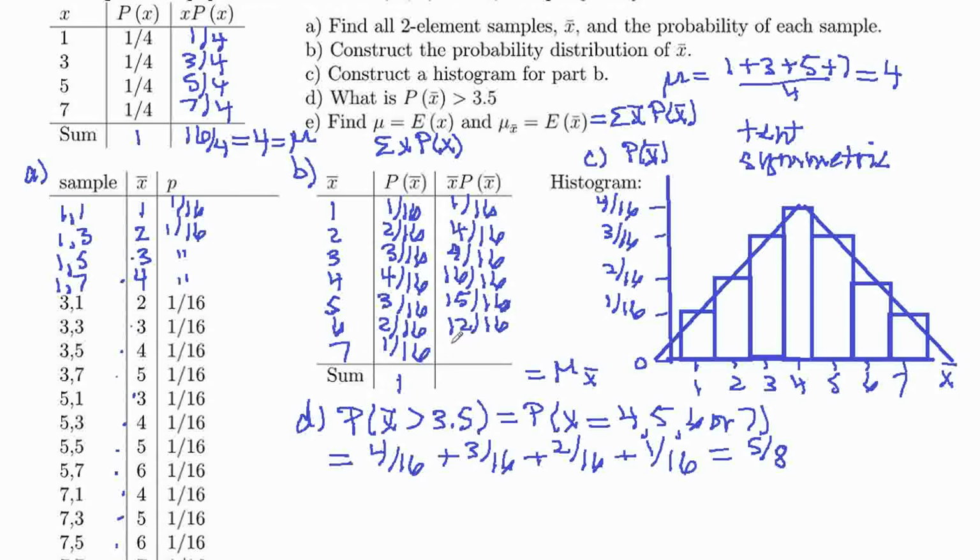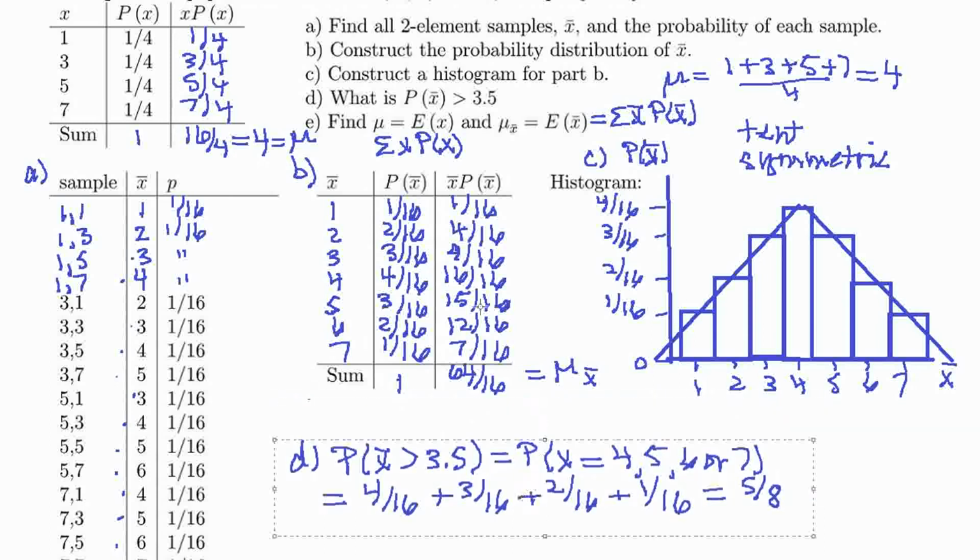And 7 times 1, 7 16ths. And if we add this up, we get 64 16ths, which is indeed equal to 4. 16 goes into 64 4 times.